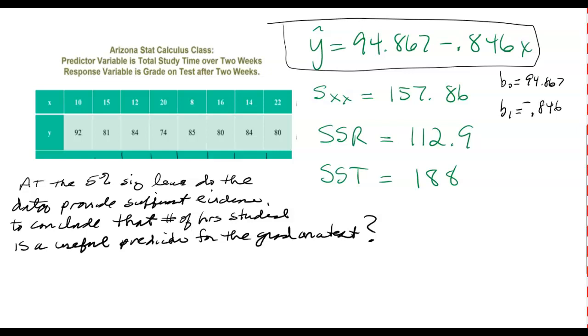So the key word here is usefulness. And that's what we're looking at. That tells us that we are going to look at the slope to determine usefulness.